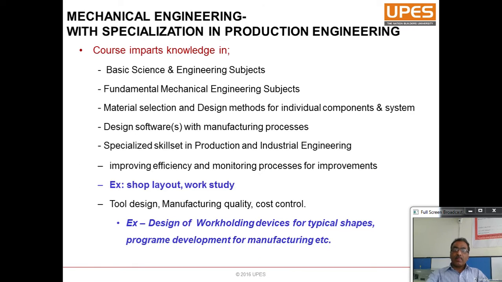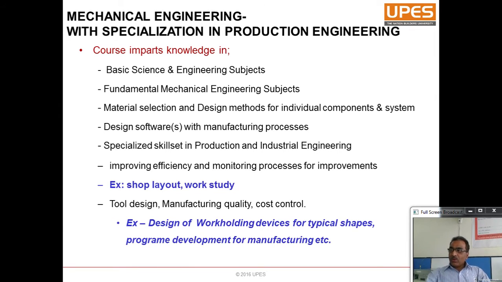And then we need to understand how all these particular parameters can be integrated together in order to ensure that the transformation process is done very smoothly. That is how you can understand production engineering.